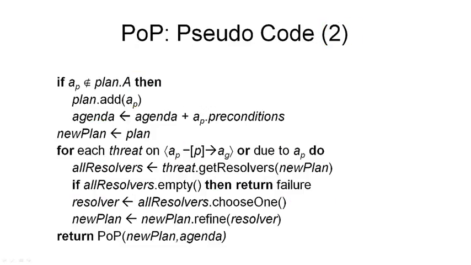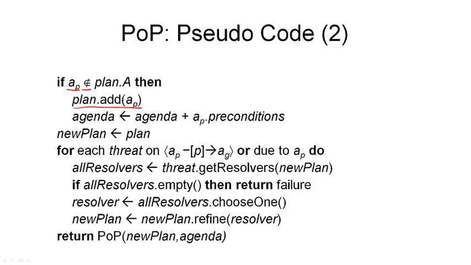So far we have added causal links and variable bindings to our partial plan as necessary. The next component we want to modify in our partial plan is the set of actions. And this depends on whether our chosen provider, AP, was already an action in our plan, or whether it is a new operator instance that we introduce into the plan. If it is a new instance of an operator, so if it was not an element of our plan, then we simply add that new action to our plan.